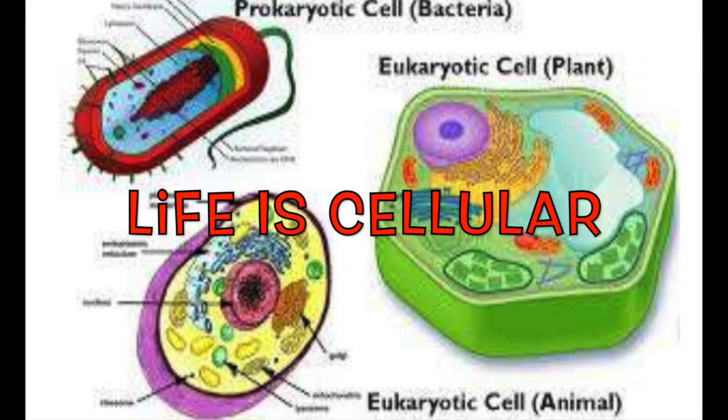Despite their simplicity, prokaryotes carry out every activity associated with living things. They grow, reproduce, respond to the environment, and some can even move by gliding along surfaces or swimming through liquids. The organisms we call bacteria are prokaryotes.